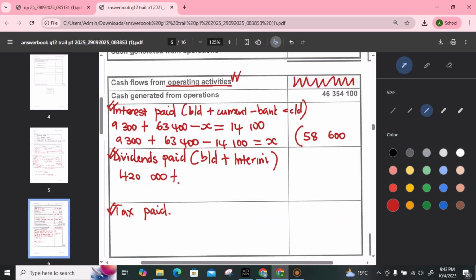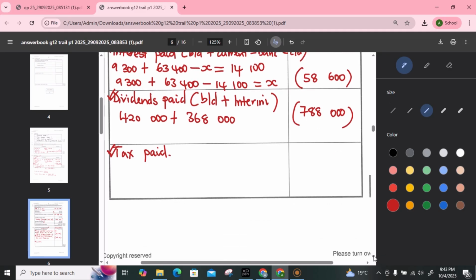So 420,000 plus 368,000 will give us the final amount of 788,000. And again, this is for dividends paid. The moment you see the word paid, it means you are dealing with cash outflow. Alright, that one sorted. We are moving on to tax paid.